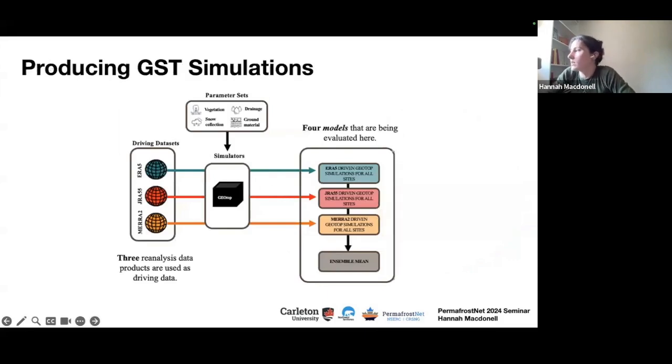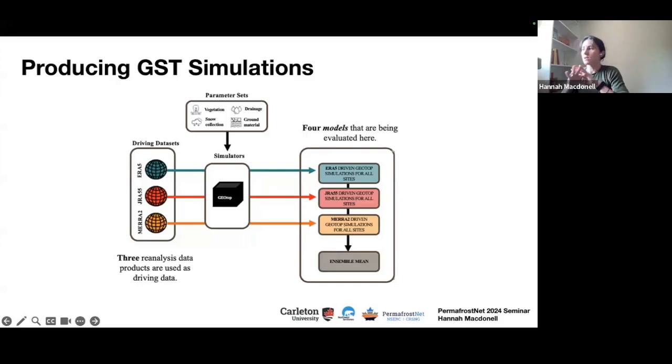To produce simulations for evaluation at each of these sites, I used 3 different driving data sets, which you can see on the left here. I did that in combination with the model GEOtop, and then evaluated their individual outputs in addition to an ensemble mean. To break this down, on the left, there are 3 different reanalysis data products: the Japanese reanalysis, JRA-55, MERRA-2, produced by NASA, as well as the ERA5 data.